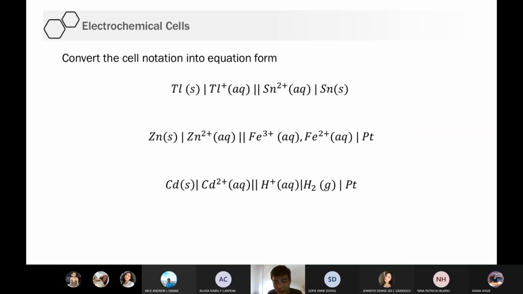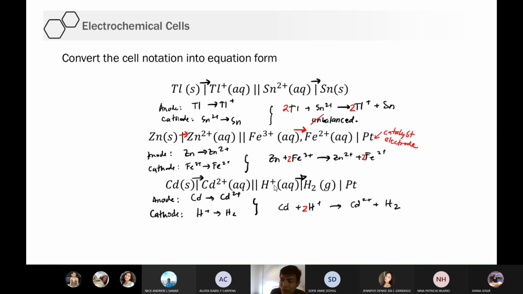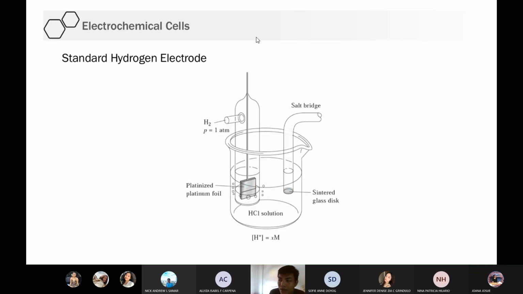Okay? So, how does this look like? Itong may metal catalyst, ano itsura niyan sa experiment? Ito hindi ko nagawa kasi wala kaming platinum. Mahal kasi yung platinum. Pero ganito yung itsura niyan in theory. So, you have a solution of acid here. Then, this is your hydrogen gas.